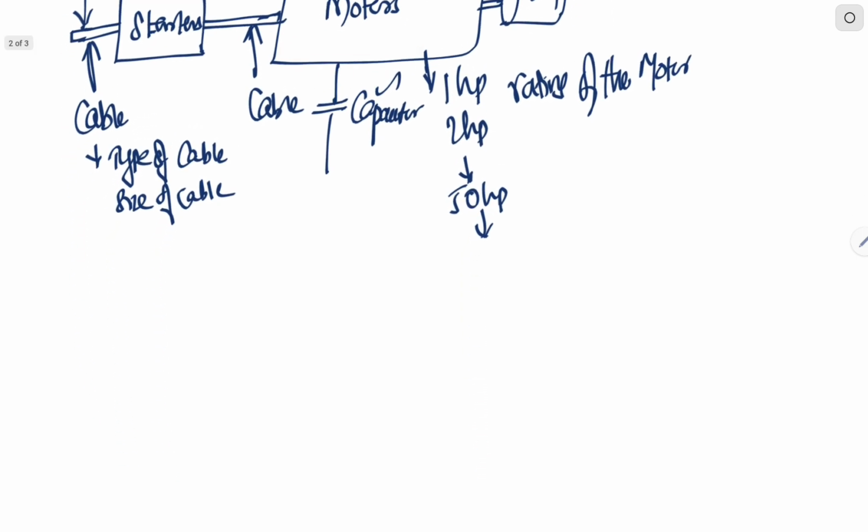See, while dealing with the motors, we have to understand the motor cables, then feeder cables, nothing but which feeds the motor. Then we come to the source, that may be transformers.